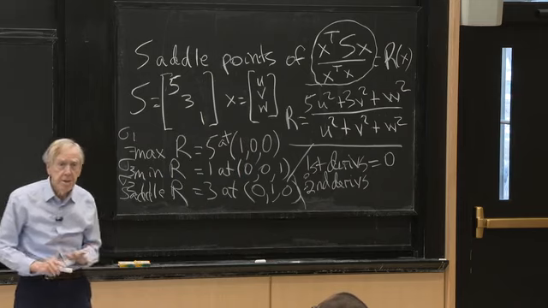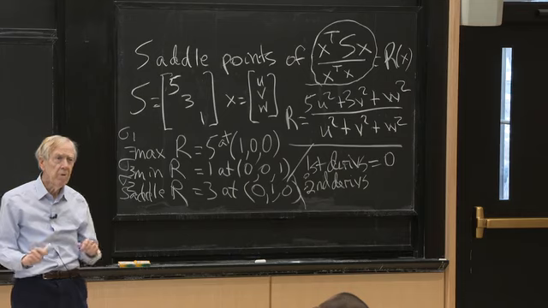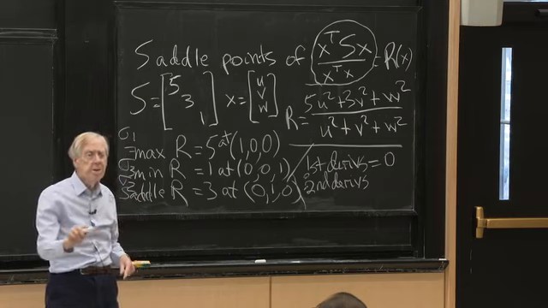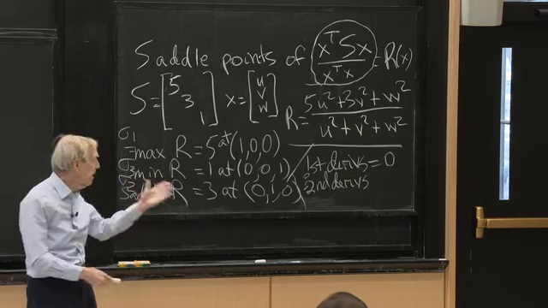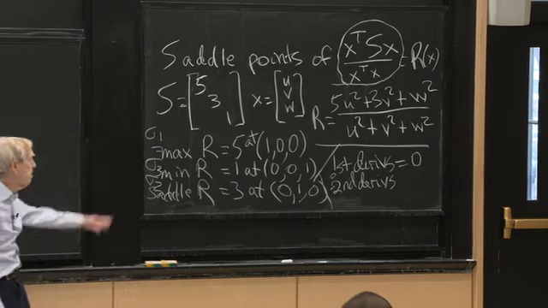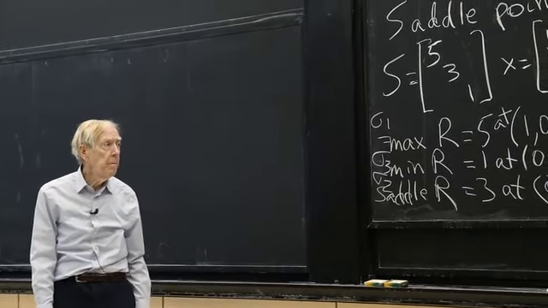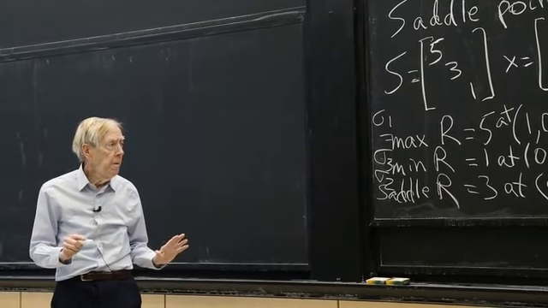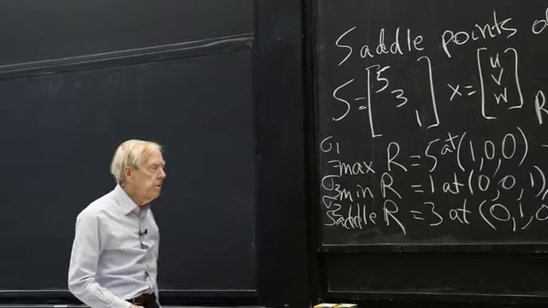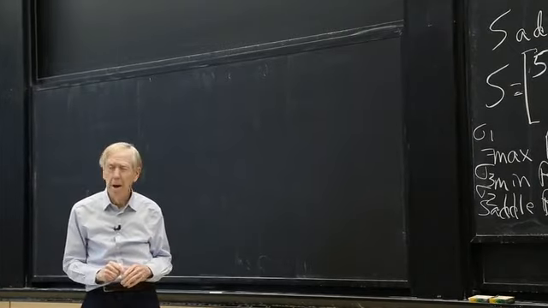Fortunately, that matrix is symmetric, because we're blessed by that wonderful fact that the derivative with respect to u and then v is the same as v and then u. So we get a symmetric matrix. I won't write it down, but it's got the maximum, minimum, and saddle information built in.